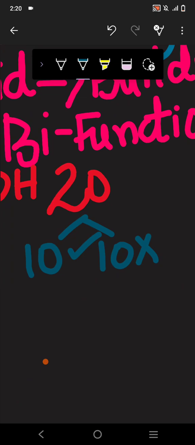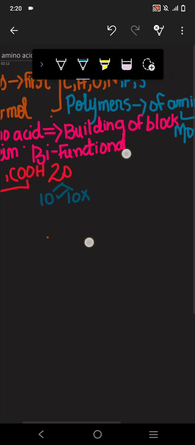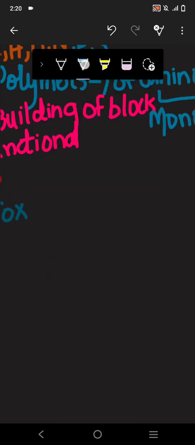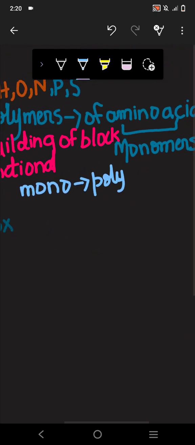Amino acid is the monomer, meaning the small block, and when the monomers are converted into polymers, monomers make polymer.